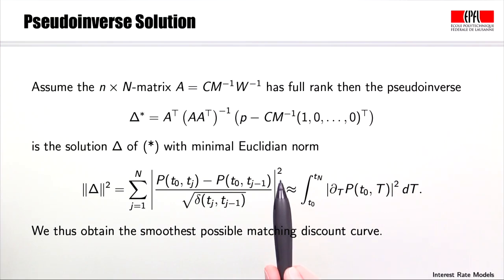Indeed, the square here implies that we can omit the square root and multiply instead these expressions with delta. So this gives us a first order proxy of the integral of the derivative of the discount curve squared with respect to maturity. We thus obtain the smoothest possible discount curve according to this criterion.